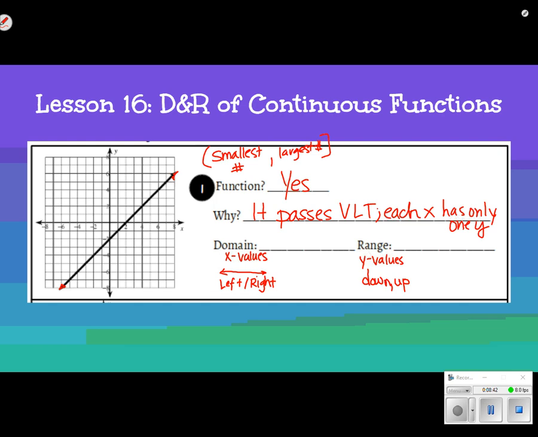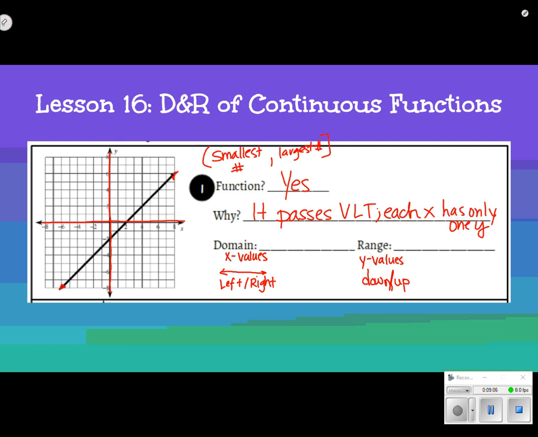So I still didn't do my little slash. There we go. Anyway, I'm going to think of it as two separate ideas, two different directions, because we are in two dimensions. This is a two-dimensional plane. We have left and right in our x-axis, and up and down in our y-axis. So we need to talk about the domain and range as two separate ideas.